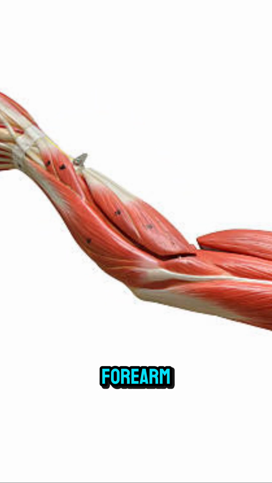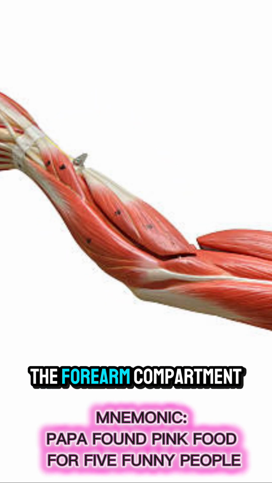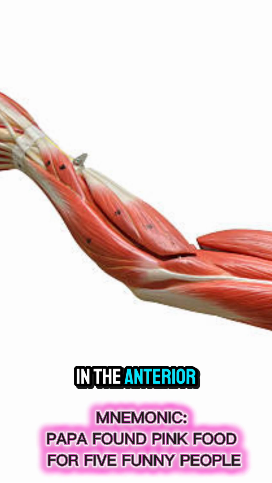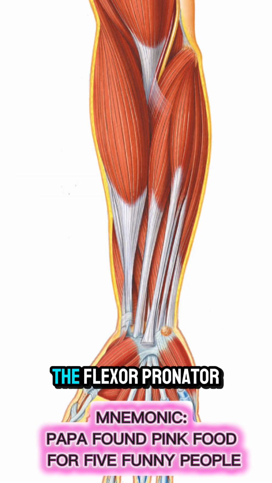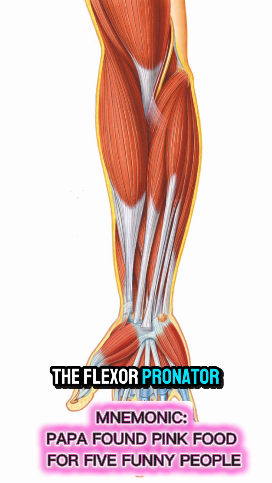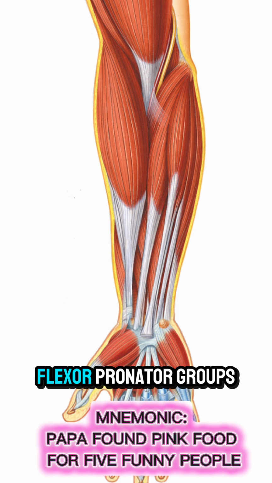These are the muscles of the forearm. We are in the forearm compartment. In the anterior forearm, we have the flexor pronator group.